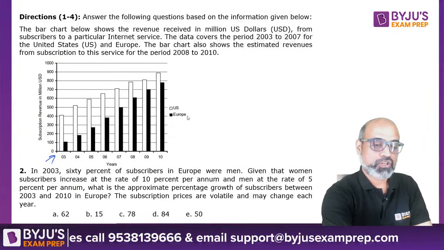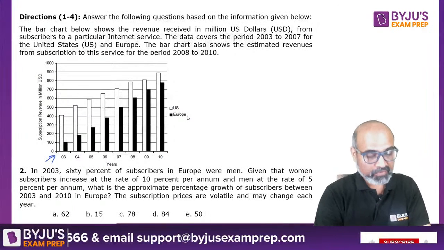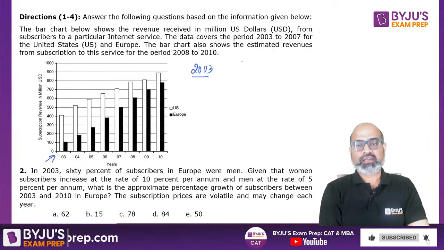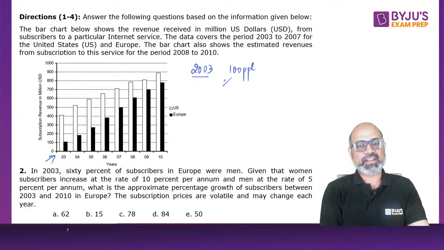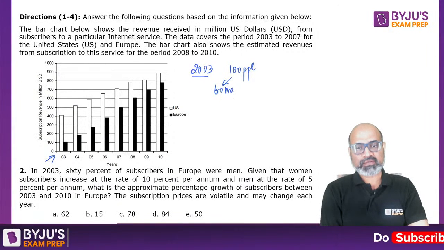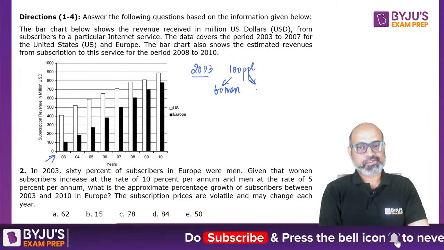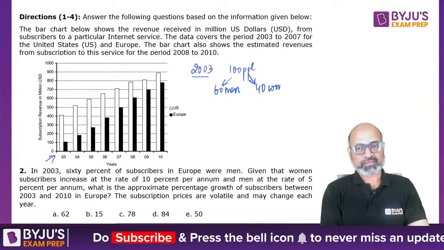Okay, so here it is. In 2003, suppose there were 100 people. Out of those 100 people, 60 were men and the remaining 40 were women.